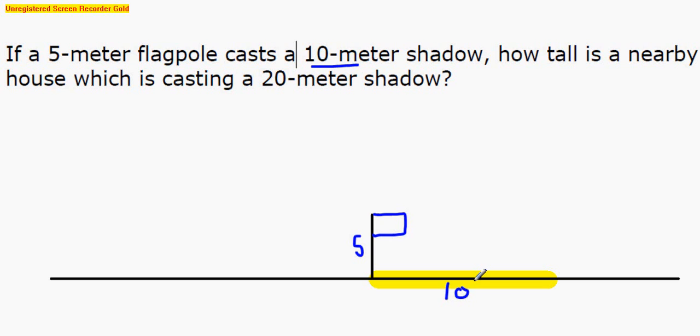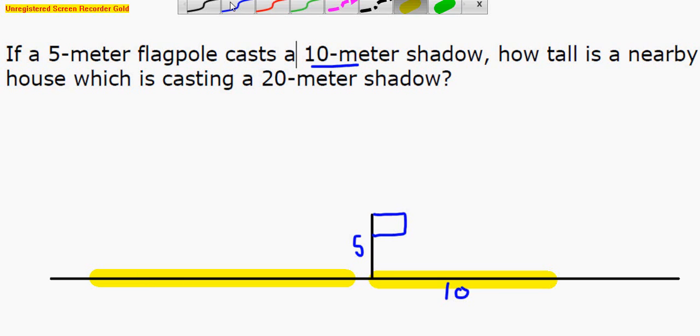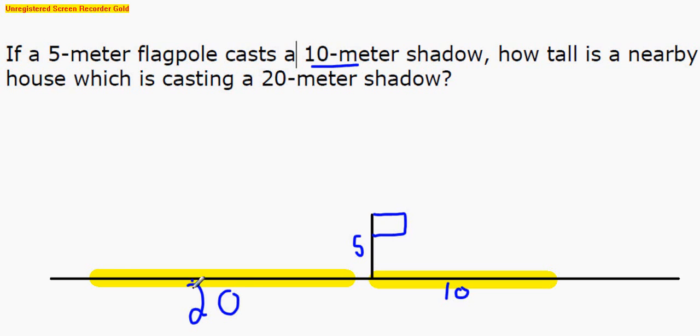And then there's also a shadow from a house. It says that is 20 meters long. So we have a house here, and its shadow is 20 meters long. Let's say it stops there, and let's write 20 here. And I'm going to draw a house. I'm assuming the house is taller than the flagpole.